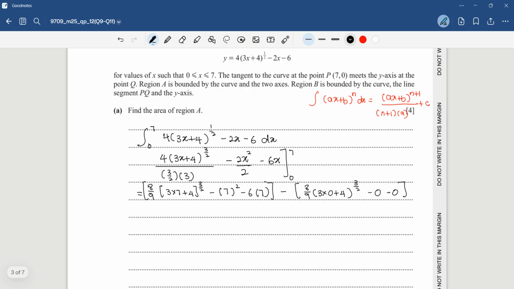Okay, so you press this in your calculator, you will get 181 over 9 minus 64 over 9. So your final answer is 13.